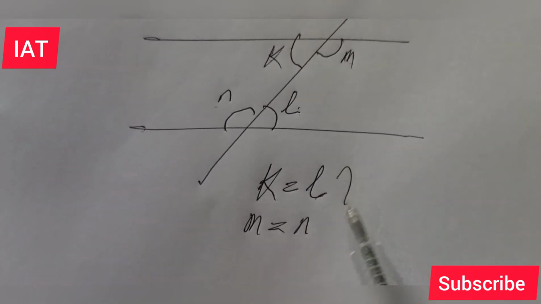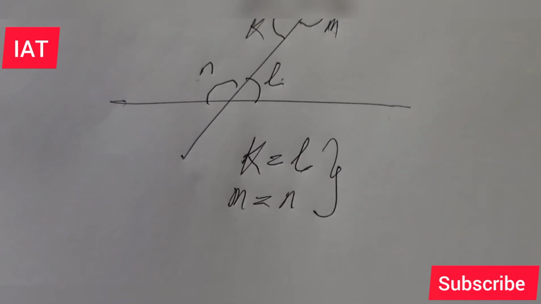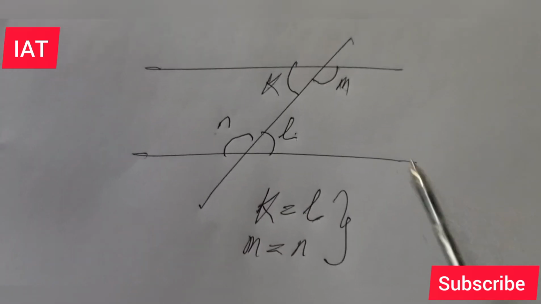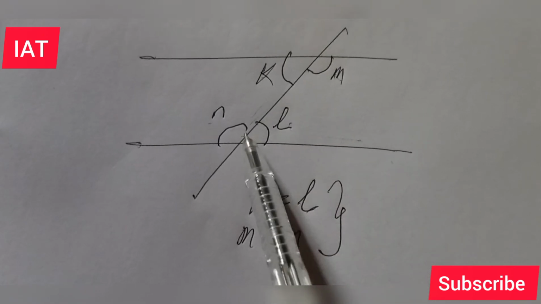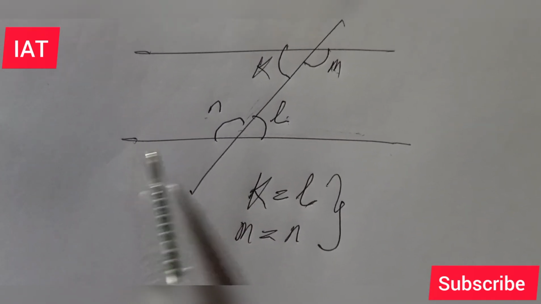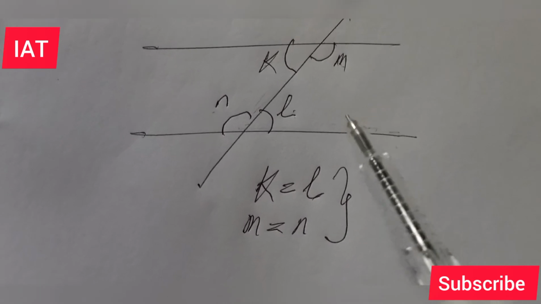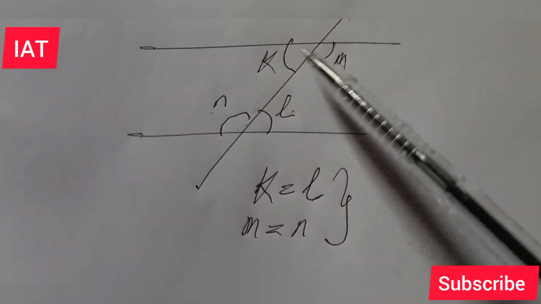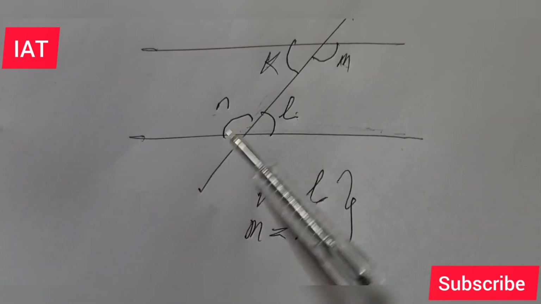What are the reasons for these two? The reason is simply alternate angle. And let me explain what alternate angle is. Whenever you see the shape Z like this, or the shape N, anything that forms the shape of N like this or Z like this, depending on if you turn this diagram, you observe that it's having the shape of N. If you leave it like this, it's having Z shape.